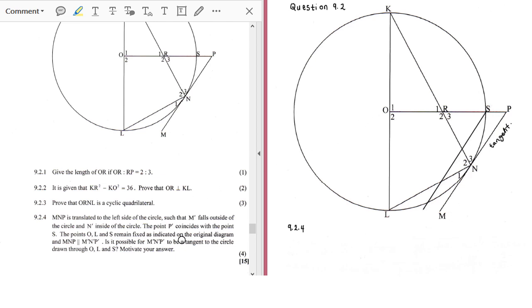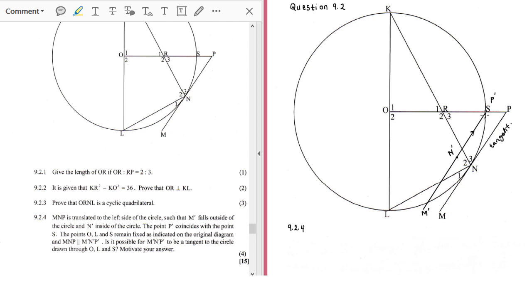Okay, and then they go on to say that the points O, L, and S remain fixed as indicated on the original diagram, and now the original tangent is parallel to this new tangent, which is going to be, we know that here at S we actually have P prime, and then we are going to have the point N prime, and then we're going to have M prime over here.